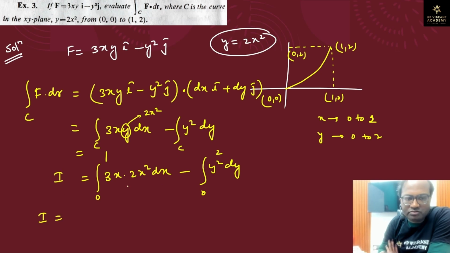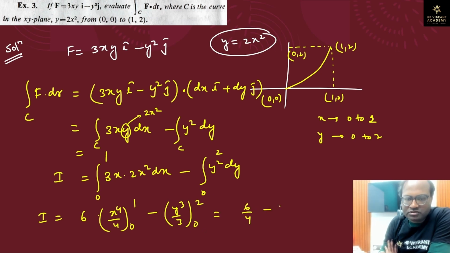So I is equal to 3 into 2, that is 6 times of x square and x, so this is x cube dx. X cube dx will be x4 upon 4, limit is from 0 to 1, minus this will be y cube upon 3, limit is from 0 to 2. So this will be equal to 6 upon 4 minus 2 cube, that is 8 upon 3.